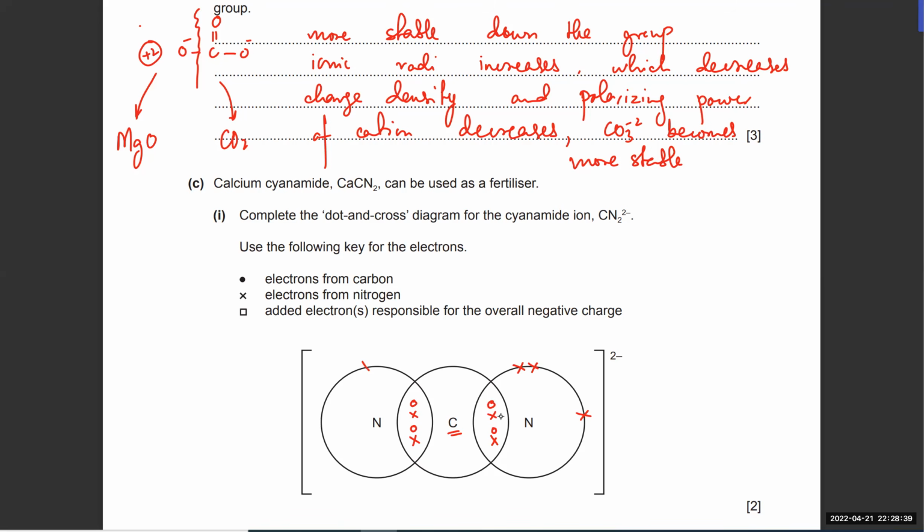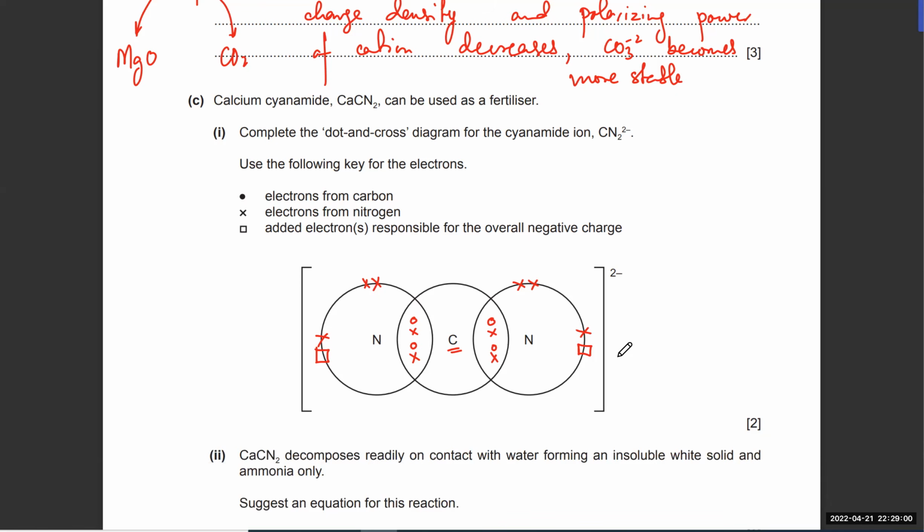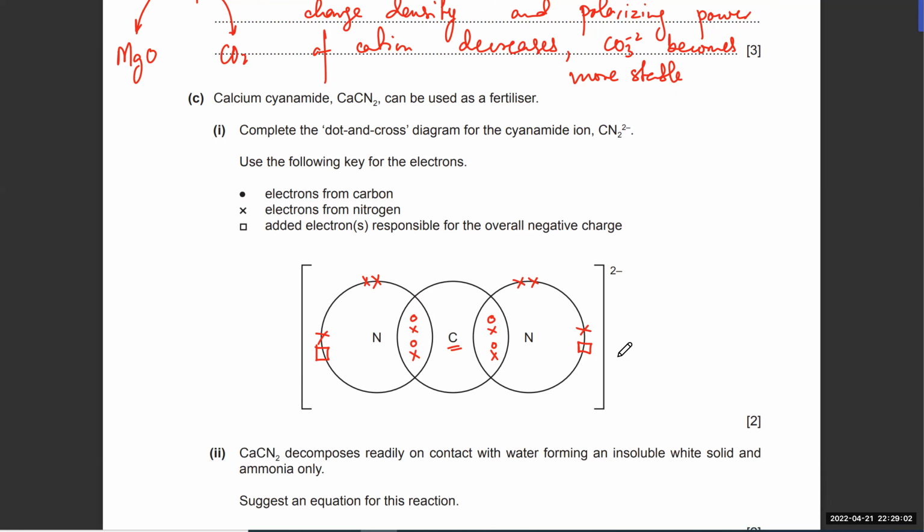The other nitrogen also has 2 electrons being shared, so 3 electrons are left. So the nitrogen outer shell is not complete. It needs 1 more electron, so that extra electron is going to be the square symbol. Now nitrogen also has 8 electrons, but 2 electrons came from outside. So that will give it a 2- charge. Okay, clear? Yes, sir.